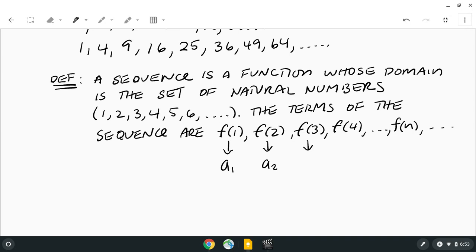The same with the third term: we plug in 3 and represent it with A3. We plug in 4, and we represent the fourth term with A4, and we do that for all the terms.